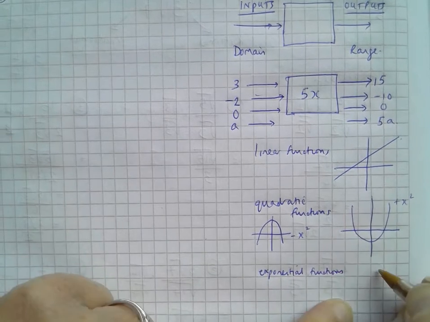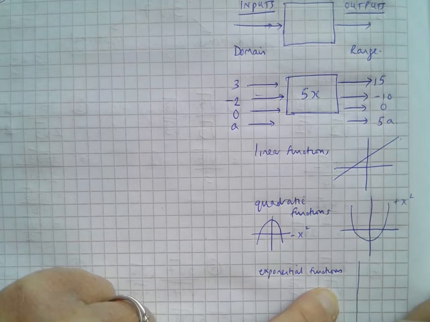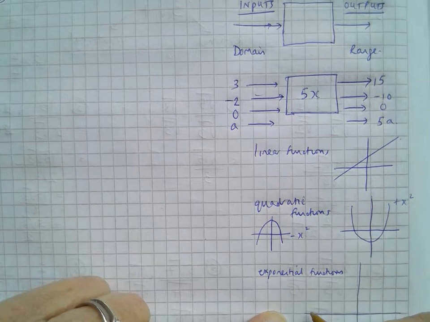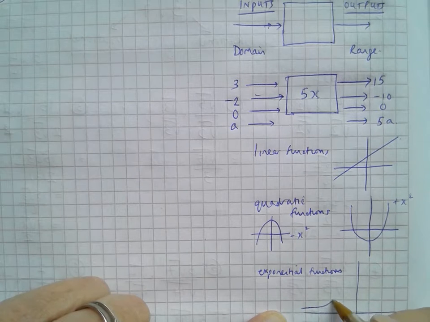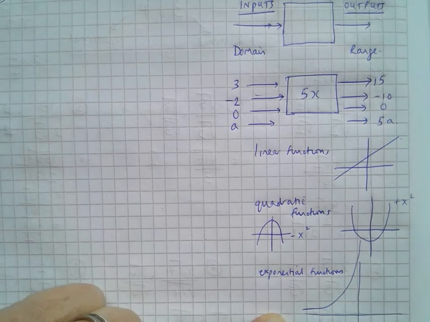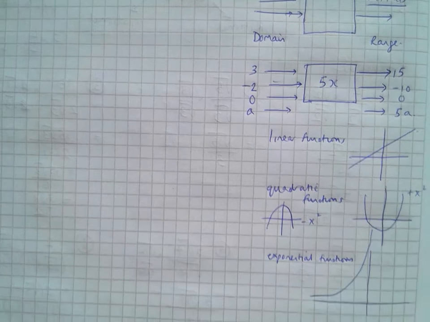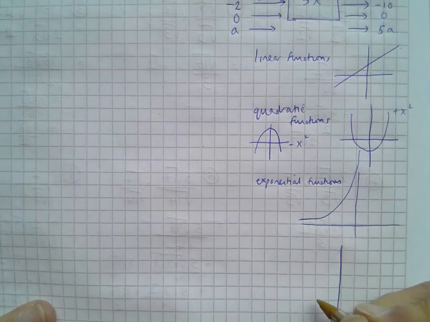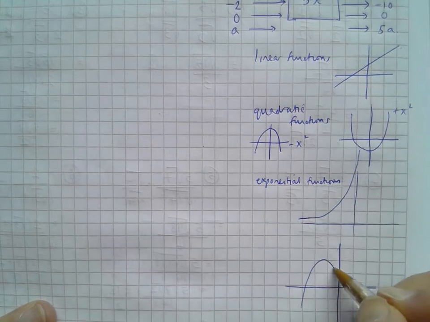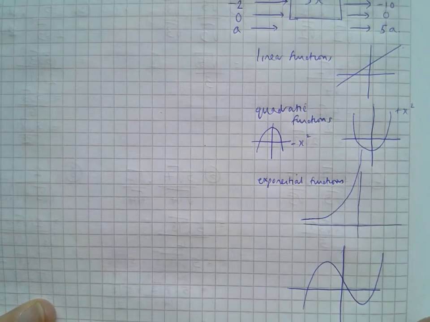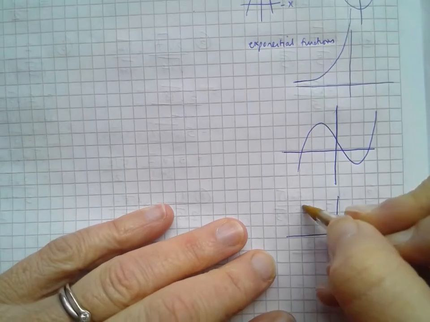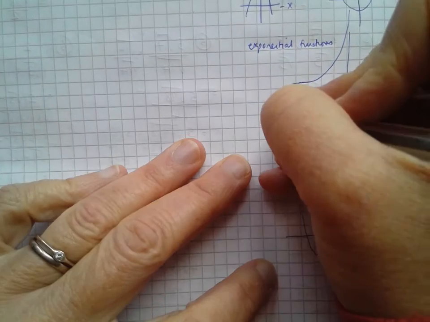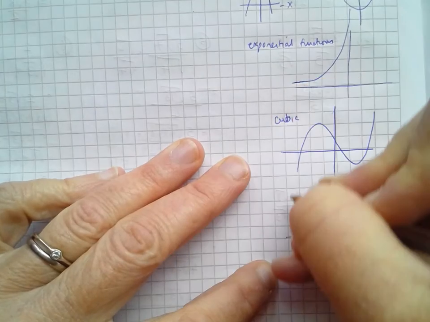They're a bit weird. They have the shape where they start off really slow and then they shoot up. That's an exponential function. And then in Leaving Cert we have cubic functions, which can have either this shape or the other shape of a cubic would be like this. So that's a cubic and that's a cubic. We'll worry about those again.